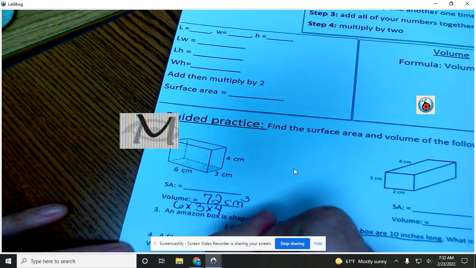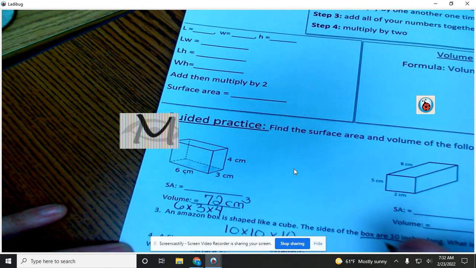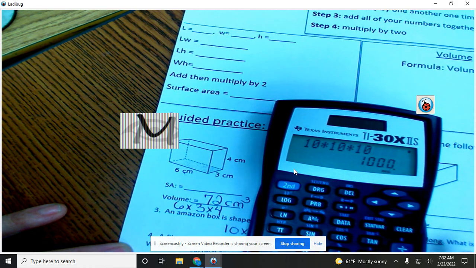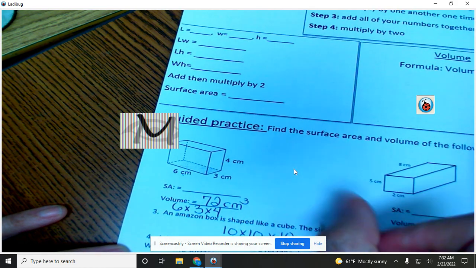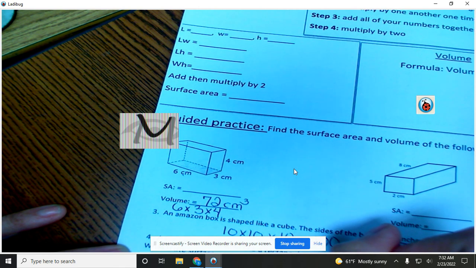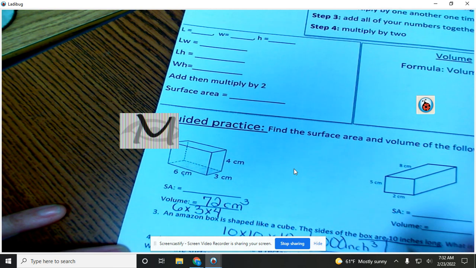So you're going to do 10 times 10 times 10, and that's going to give you 1,000 inches cubed. There we go. And that's what we have for this one.